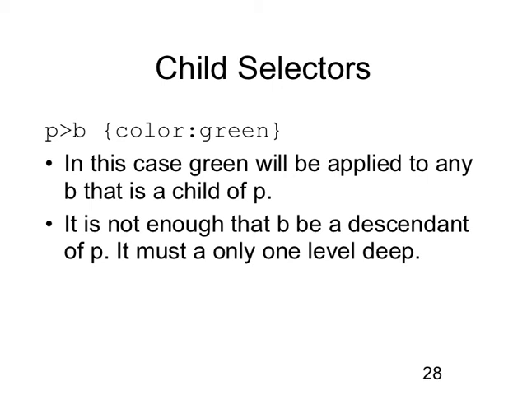So if it's a B inside a div inside a P, there'll be a grandchild that doesn't apply. So it has to be directly inside, just one level underneath it, one layer inside.